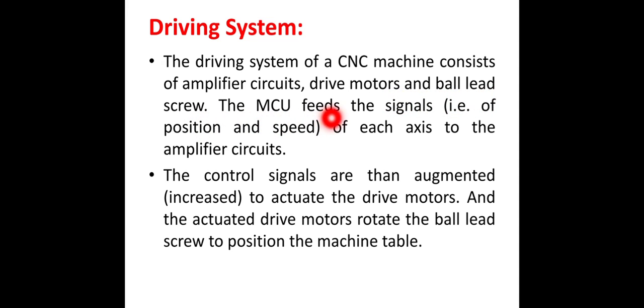The machine control unit feeds the signal, that is of position and speed of each axis, to the amplifier circuits. The control signals are then augmented, that is increased, to actuate the drive motors, and the actuated drive motors rotate the ball lead screw to position the machine table.